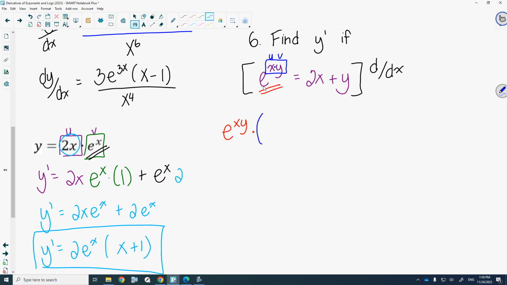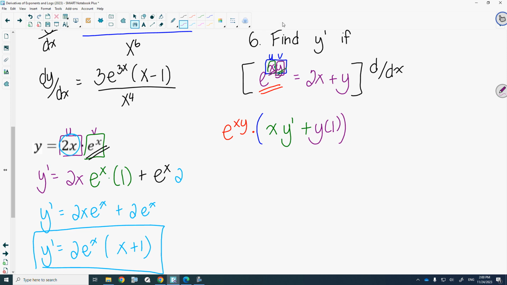So the derivative of xy is uv prime plus v u prime. The derivative of y is 1, and then I just took the derivative of y, so y prime. The derivative of x is 1.